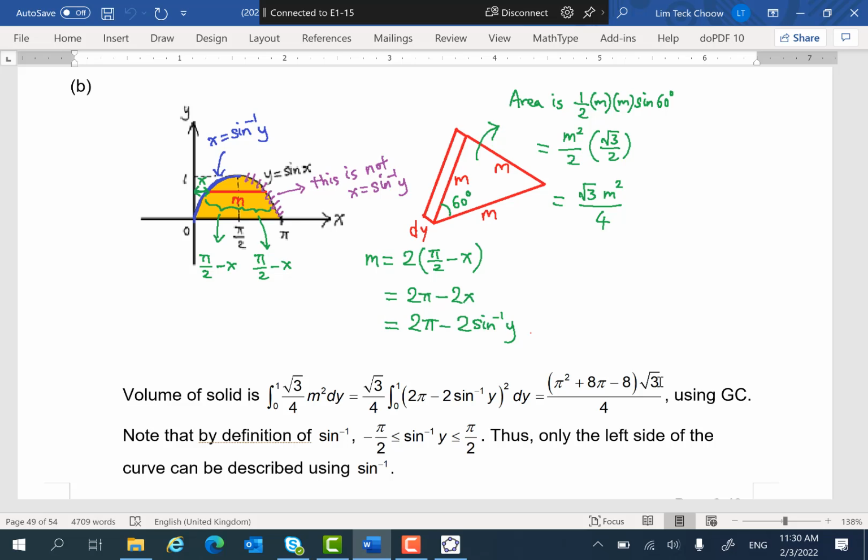Now that you have everything, to find the volume of the solid, it is the area of this thingy times delta y. And you sum up from 0 to 1 because y runs from 0 to 1. That will give you the entire volume. And in this integration, we replace the m with this thingy. And then using the GDC, you get the answer.